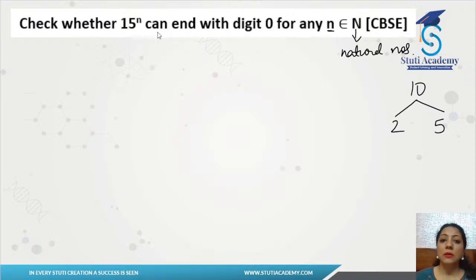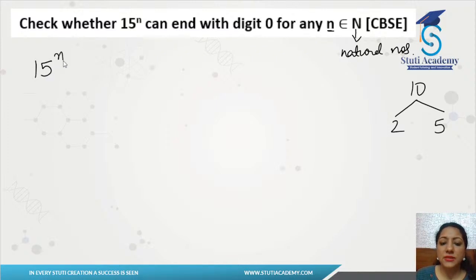That means that I have to check whether it has 0 in the ones place. Now, for a number to have 0 in the ones place, it must have 10 as its factor. If 10 is a factor of that number, then 2 and 5 must be factors of that number. So let us check whether 15 raised to the power n has 2 and 5 both as its factor.